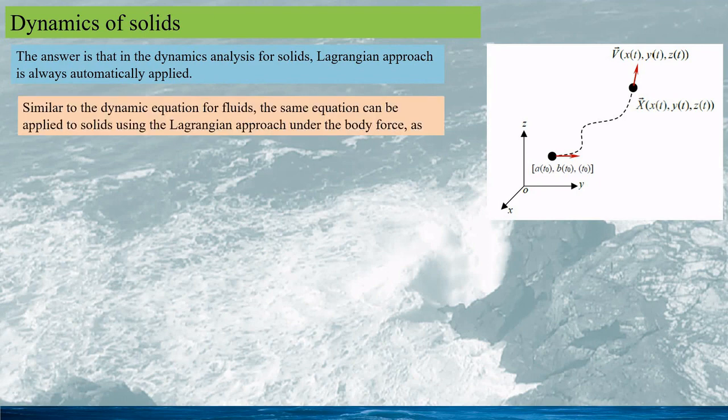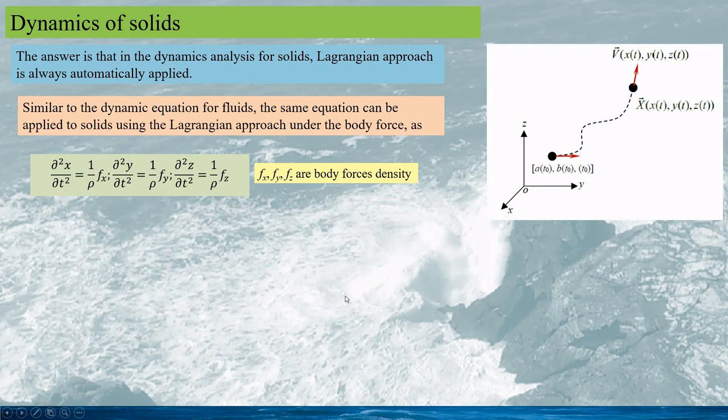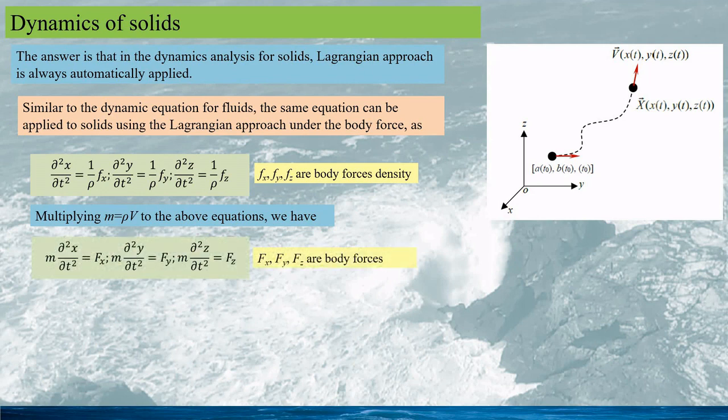If we use the same dynamic equation for the solid, but without the surface force due to the pressure, we have the equation as this. Multiply the mass m equals rho v to the above equations. We can have the dynamic equations for the solid dynamics.